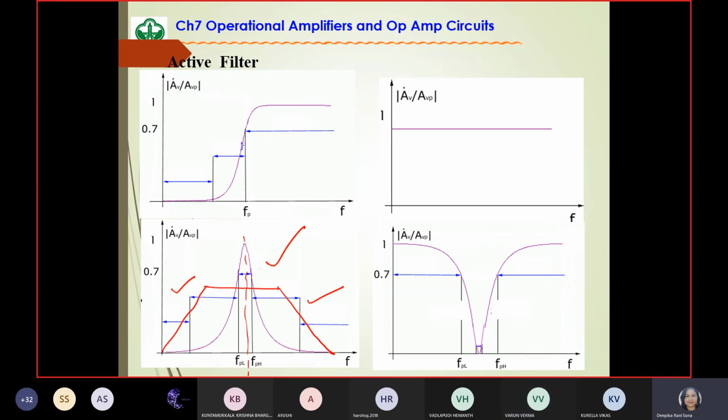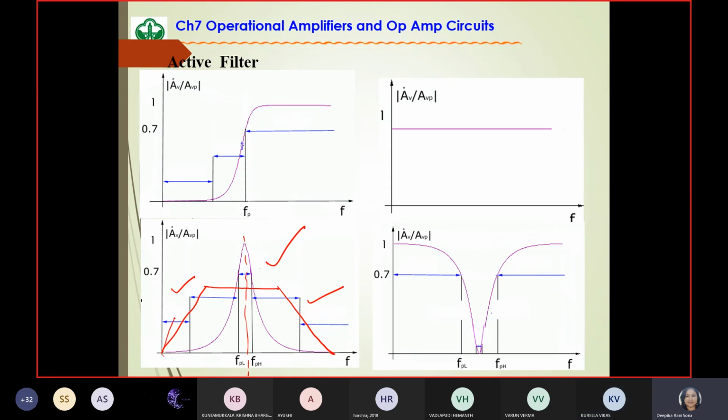Yes, ma'am. So first, what do I have to arrange? High pass or low pass? A back to back arrangement only gives rise to the band pass filter response. So which filter do I have to connect first? We have to connect the high pass.